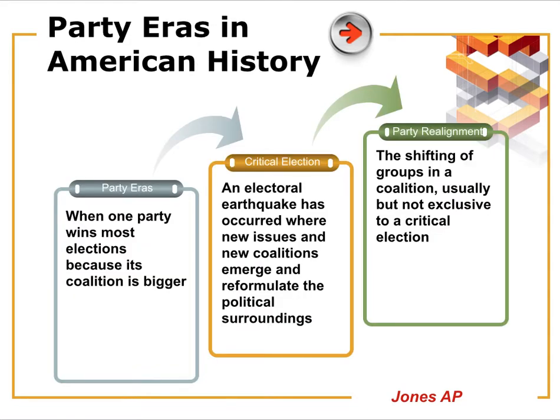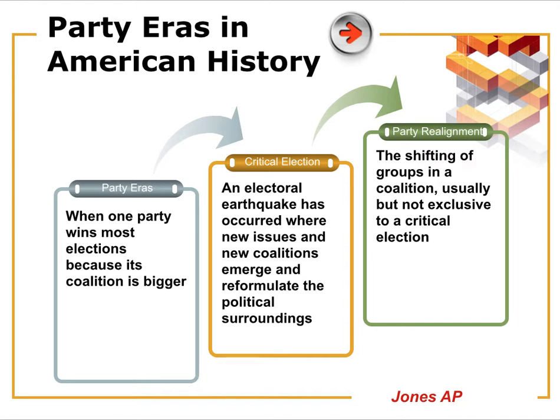Now, what are party eras? Well, we'll look at it from three different perspectives. Party eras themselves are when one party wins most of the elections because its coalition is bigger. So, for instance, 1860 to 1892, Republicans were the dominant party simply because their coalition was bigger. A critical election changes the dynamic of that. It's an electoral earthquake.